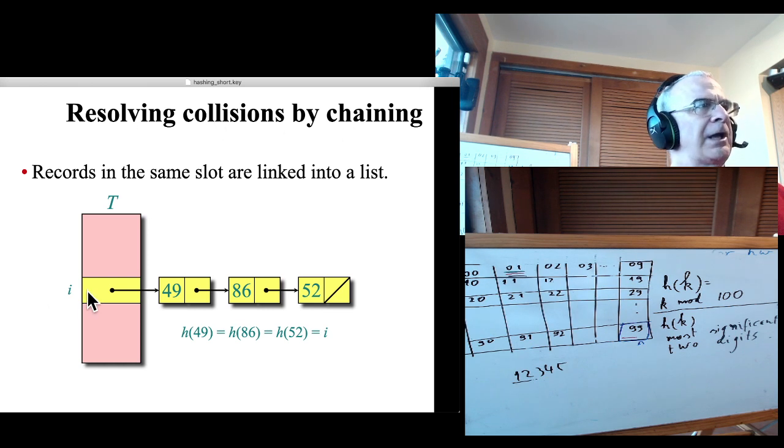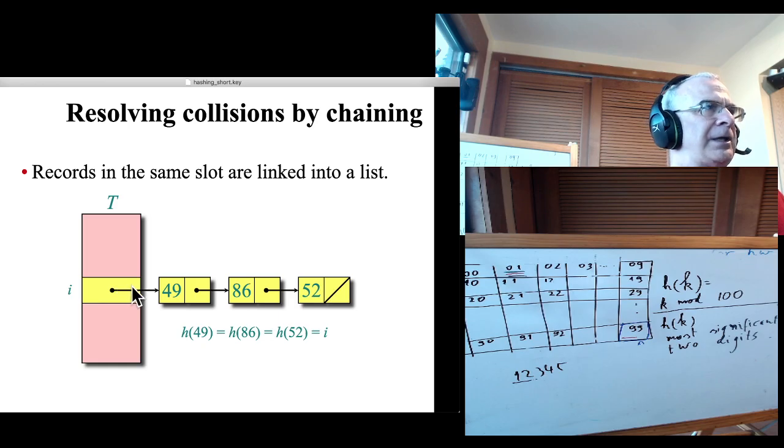In computer data structure terms, what I'll do is that my hash table T does not store records by itself, so I don't store the record of the student.